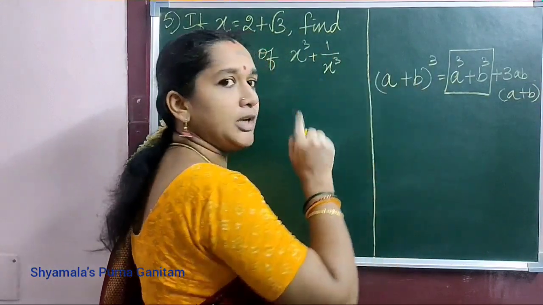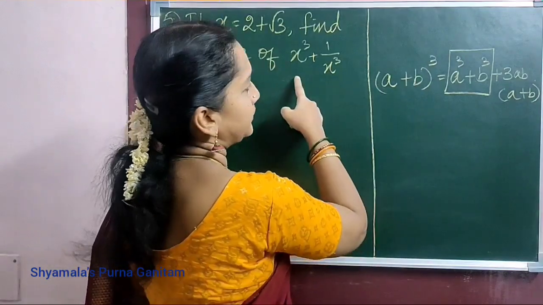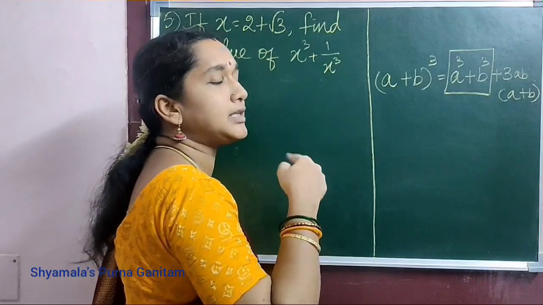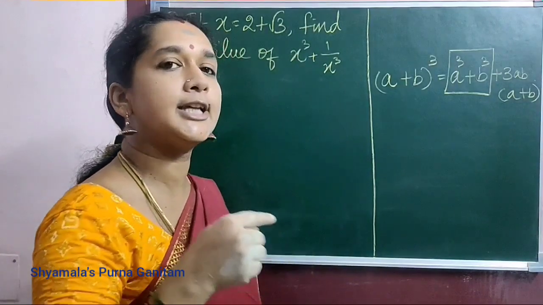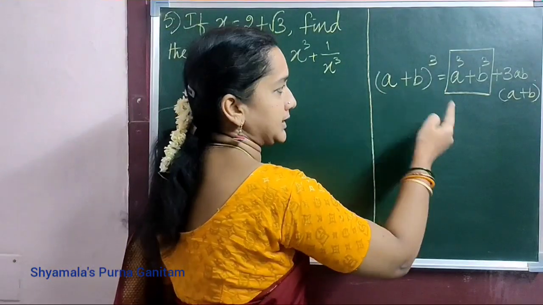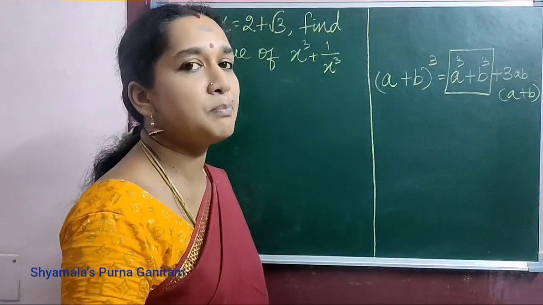a plus b only they are asking you to do. So a is x and this one is 1 by x. So you can rationalize 1 by x. If you substitute the value for x in the denominator, that can be rationalized. So you will get x plus 1 by x. So here also it can be simplified like that.